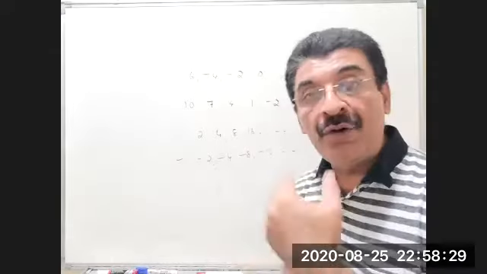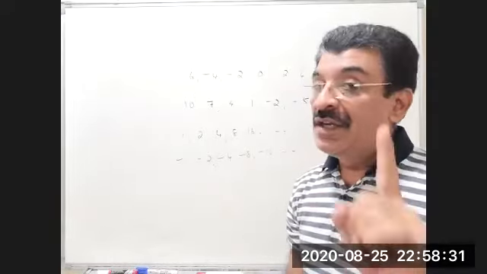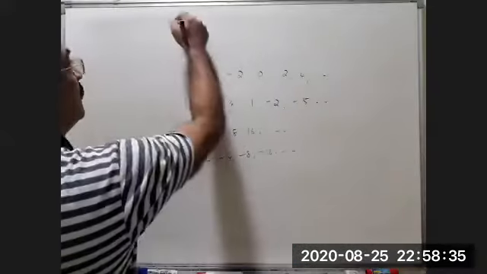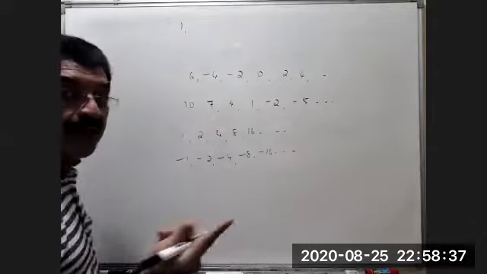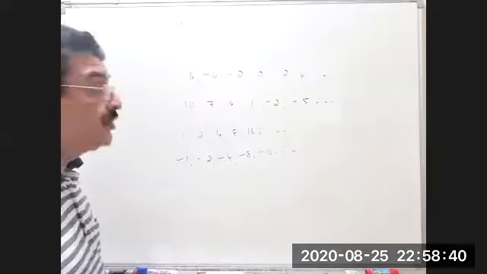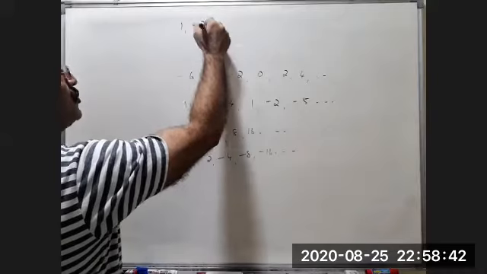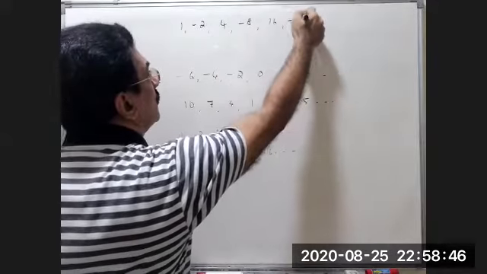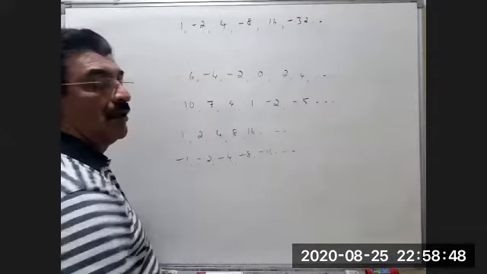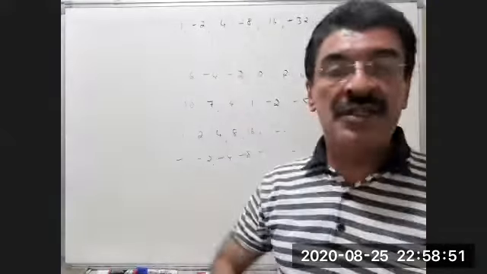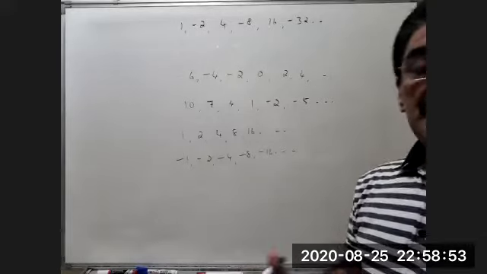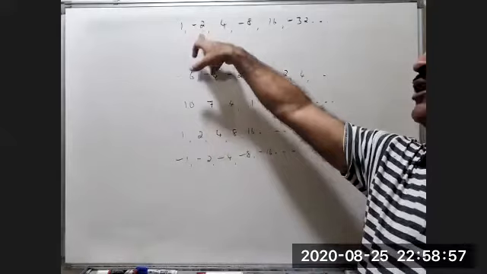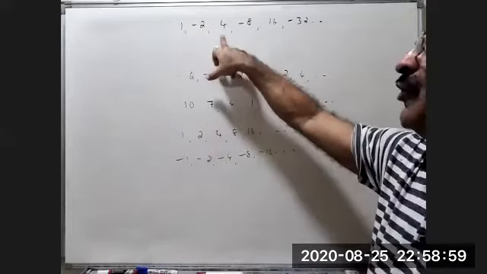Now in GP, positives and negatives. Is it possible? It is possible. But there's a specialty. What? See for example, 1. If common ratio is -2, if common ratio is negative, next term is -2. Next term is positive, 4, -8, 16, see. If common ratio is negative, then the alternate terms become positive and negative. 1 into -2, -2. -2 into -2, +4. +4 into -2, -8.